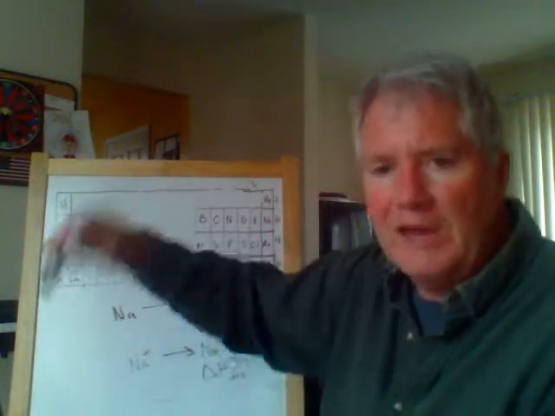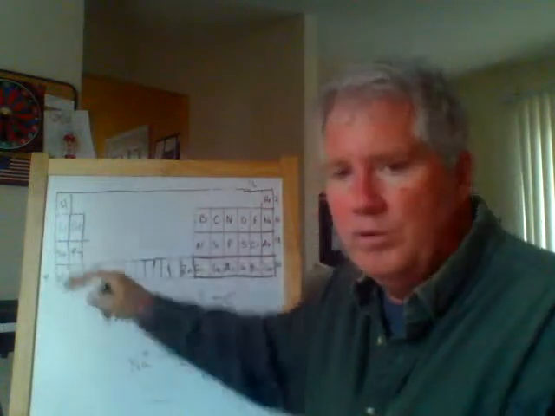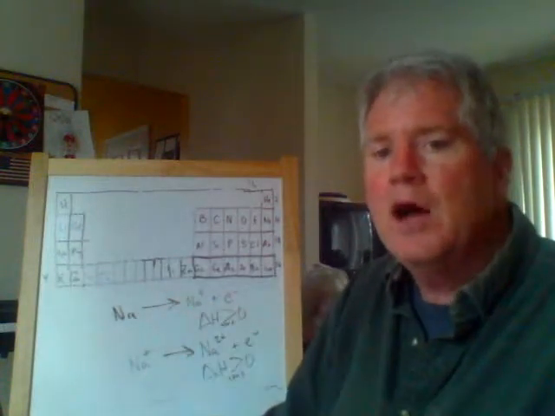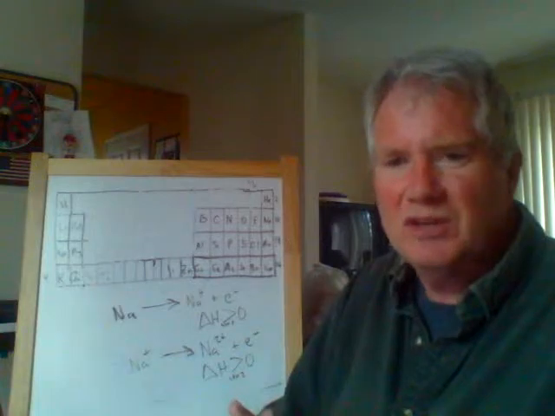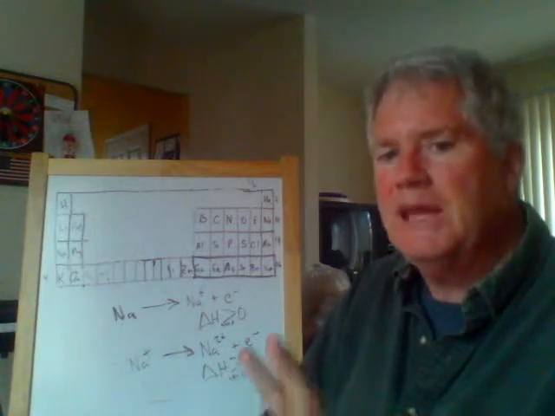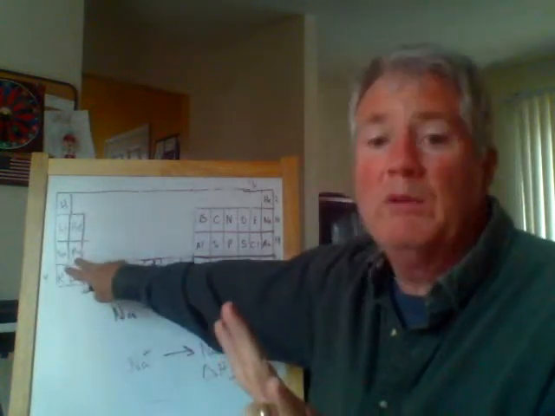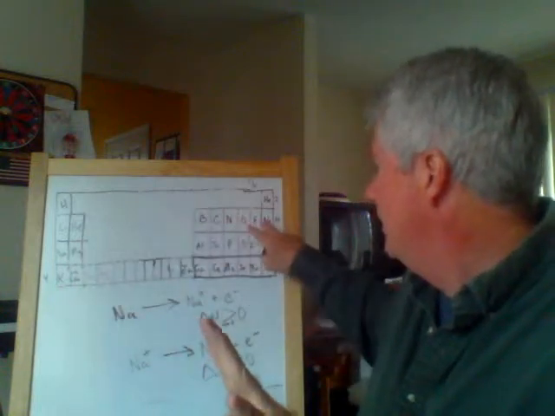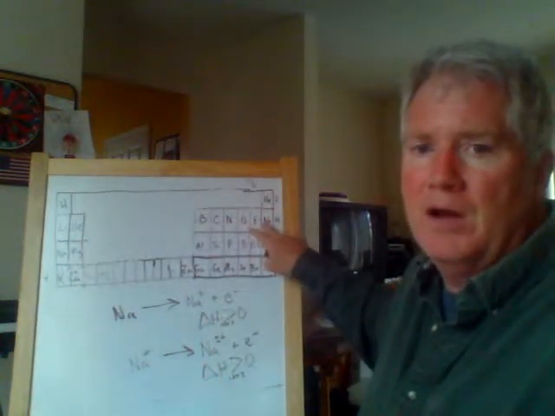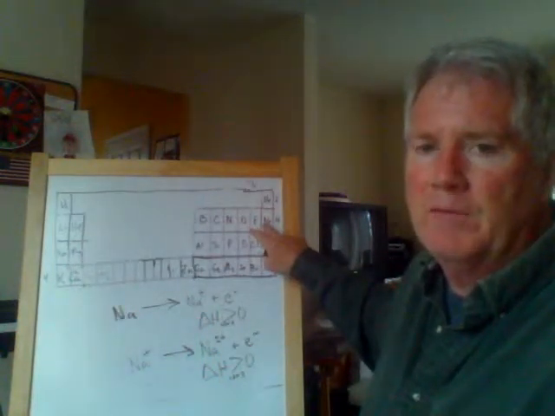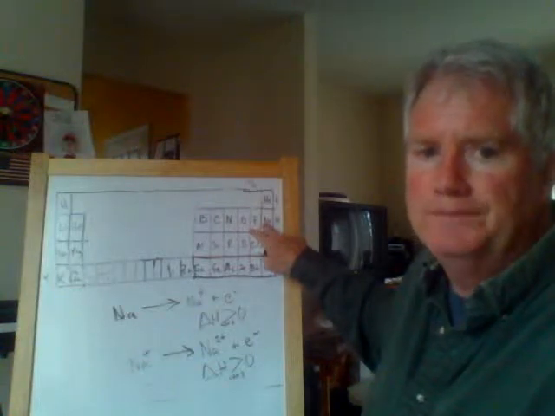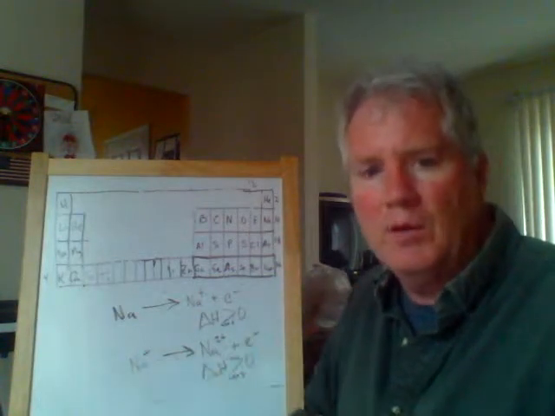Getting rid of the second 3s electron isn't going to be terribly high either. But getting rid of a third electron from magnesium would be ridiculous again, because now we'd be tapping into an electron from a filled inner shell. Okay, that's all I want to say about that.